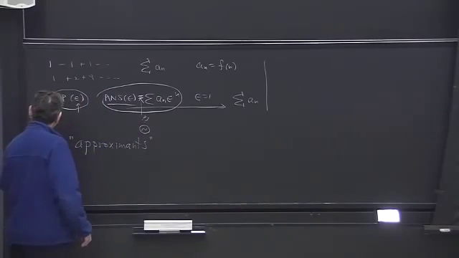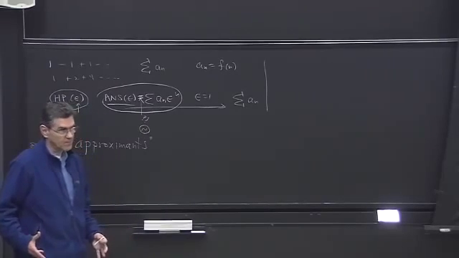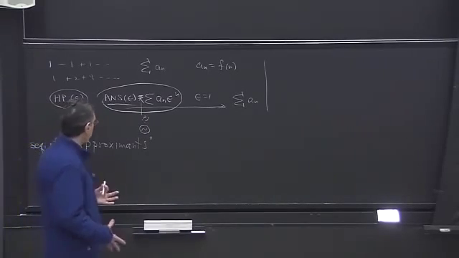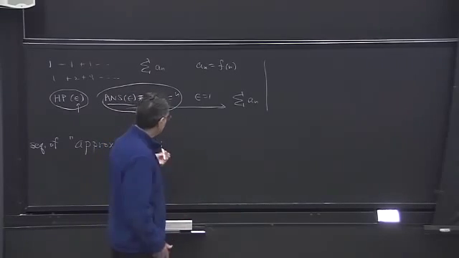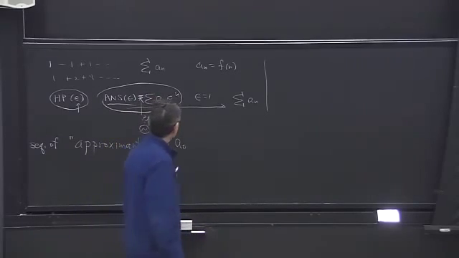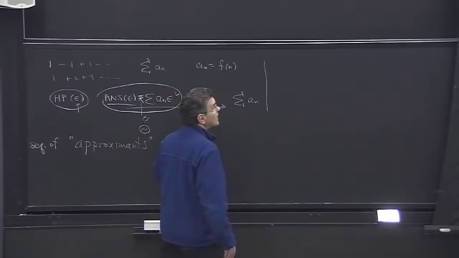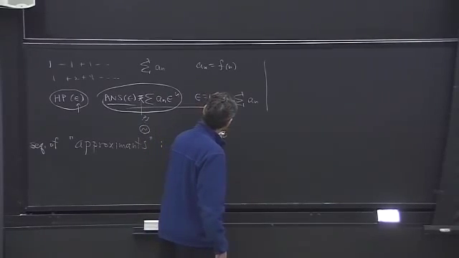We have to construct a sequence of approximants to the answer. Okay, and what are the approximants? This sequence looks like this. The first term in the sequence, if we're talking about a continued exponential, is a0, and the next term is a0, e to the a1z.